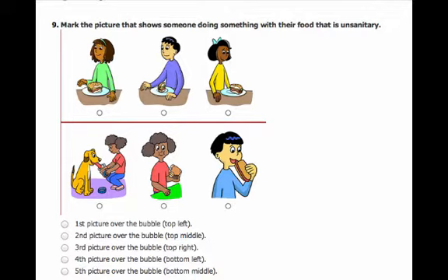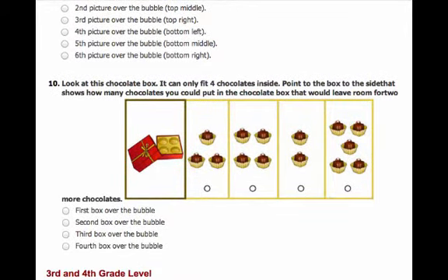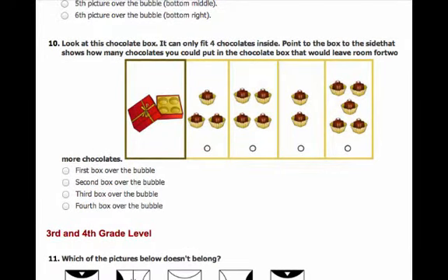So this would clearly put a child with English as a second language at a severe disadvantage. On this one, they want to know how many cupcakes would fit in this box if you want to leave room for 2 cupcakes. So there again, they have to pay attention to each detail that's read in the sentence.